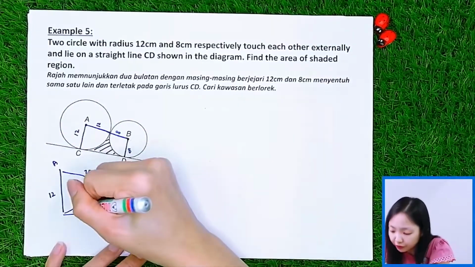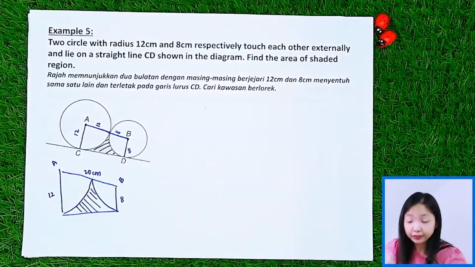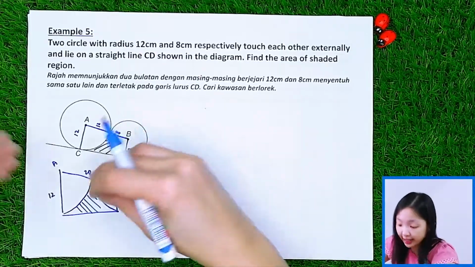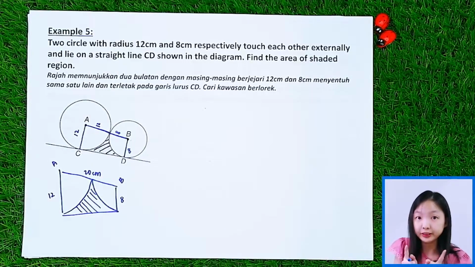So if you want to find the area of the shaded region, what should you do? You have to find the whole area of the trapezium and then cut off here, then you can find your area of the shaded region, right? So now we have to find the area of the trapezium first.